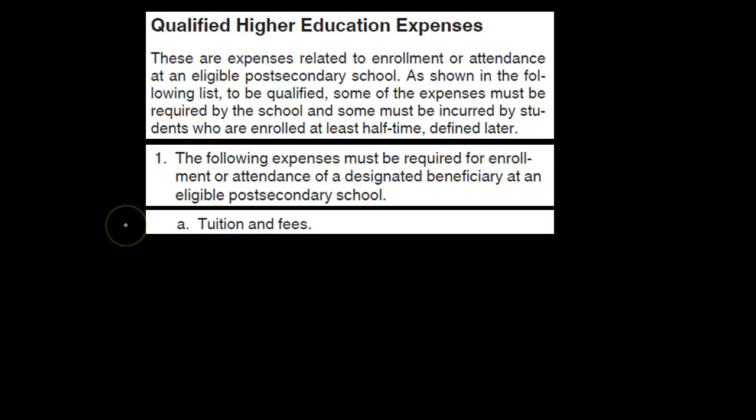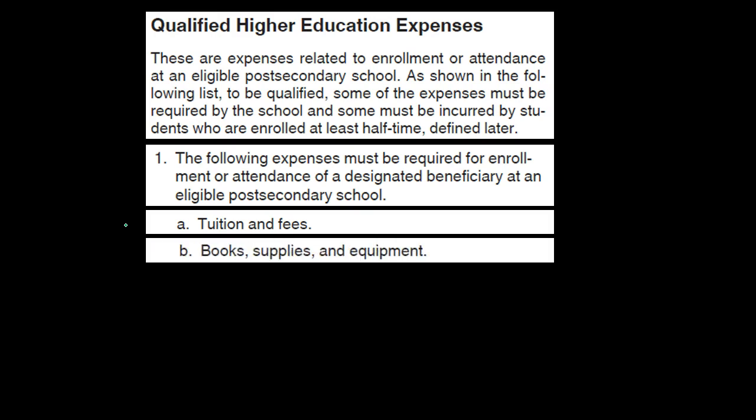Well, the tuition and fees, if we take the money out and everything's fine, then of course the tuition and fees you would think qualify for higher education expenses. B, books, supplies, and equipment. So we would think that's pretty standard. The books, you would think that would be qualified, fairly straightforward.